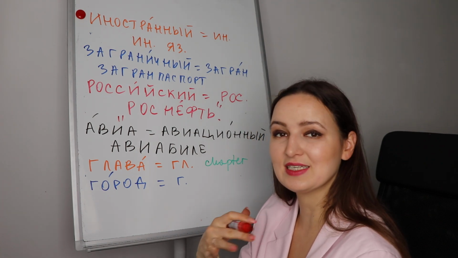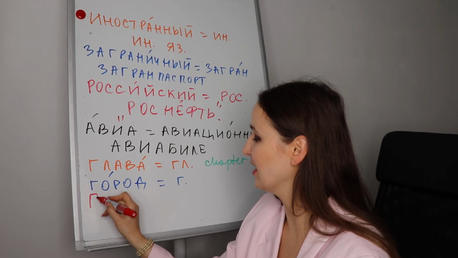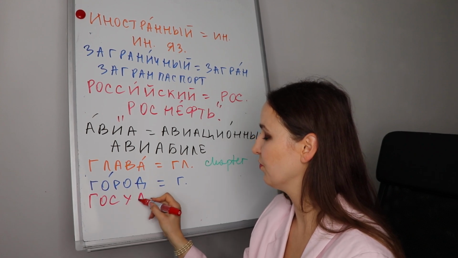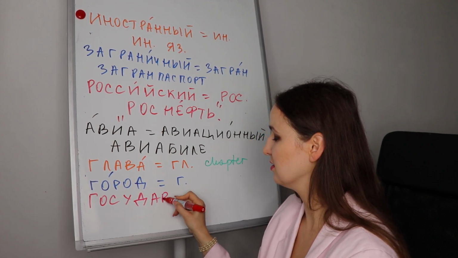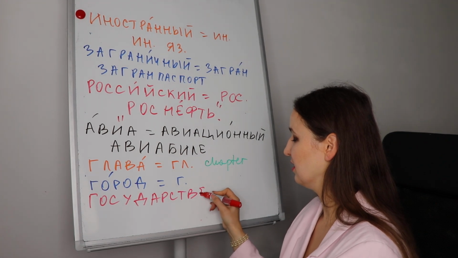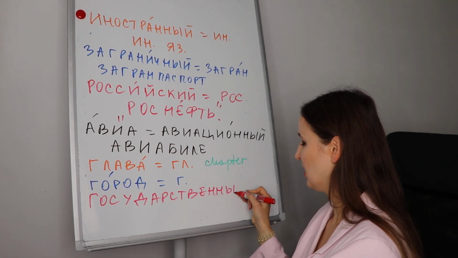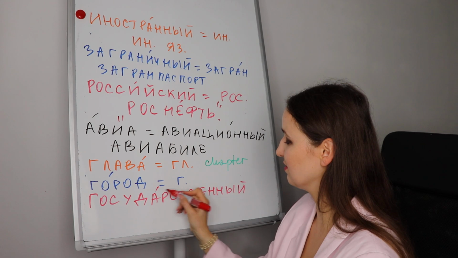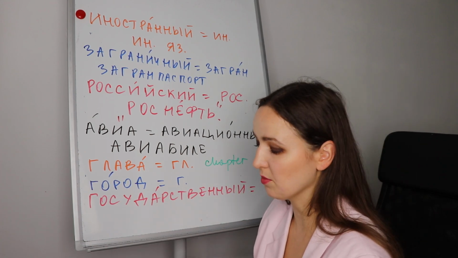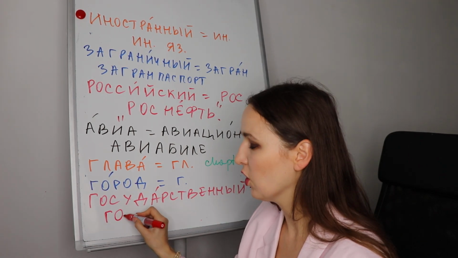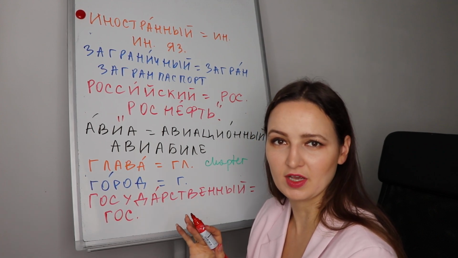Государственный, state. Something state. Государственный, we abbreviate it as ГОС. It's a very common abbreviation, of course.